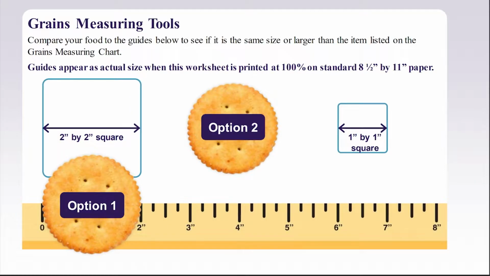If you had a grain item that matches the shapes in the grains measuring tools, such as a round cracker, you can measure the item with the ruler on the bottom, as shown on the screen with the cracker labeled option 1. You could also place the grain item over the shape to see if the item was the same size or larger, as you see on the cracker labeled option 2. Either method of measuring would be correct.